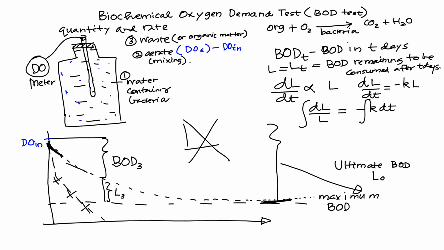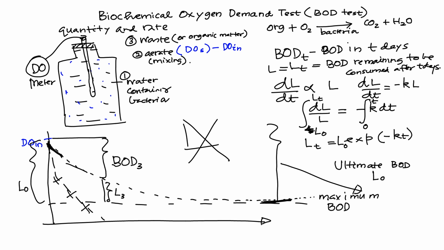Then you integrate, t goes from 0 to time t, and L goes from L0, which at the beginning was L0, the maximum dissolved oxygen demand, organic, the maximum at this point, and then it becomes LT at any time. So L0 goes to LT. Then you will see a relationship: LT will be equal to L0 times exponential of minus KT.